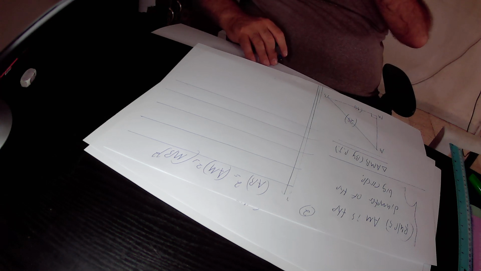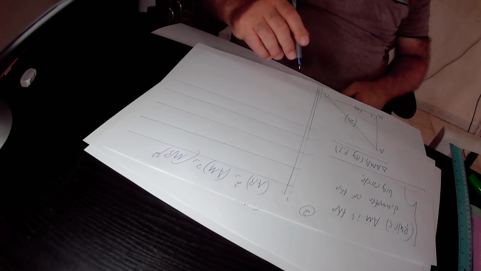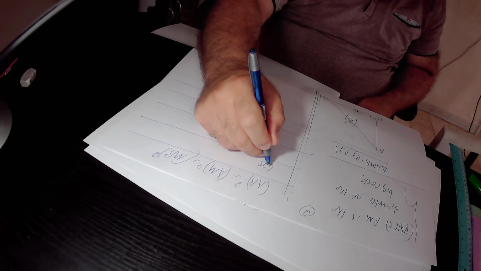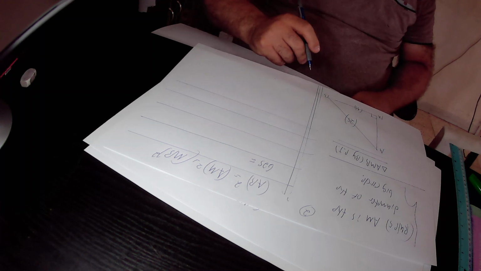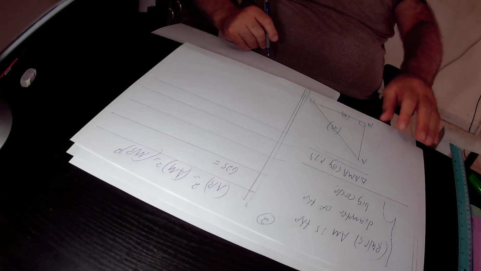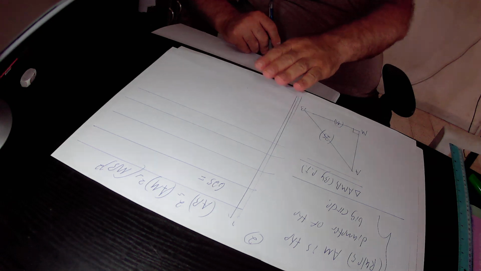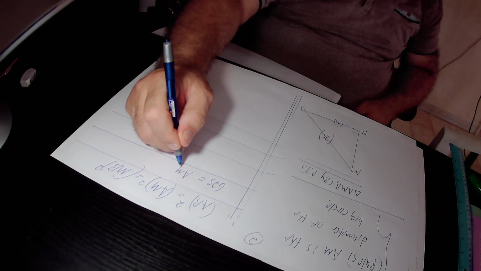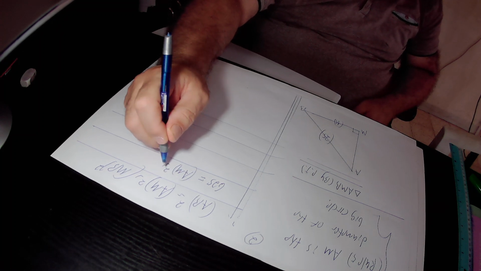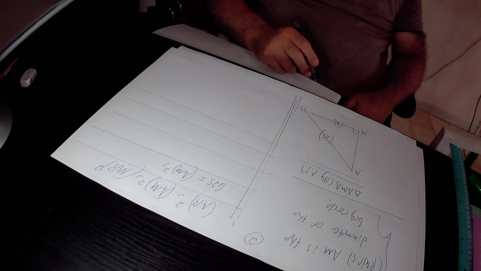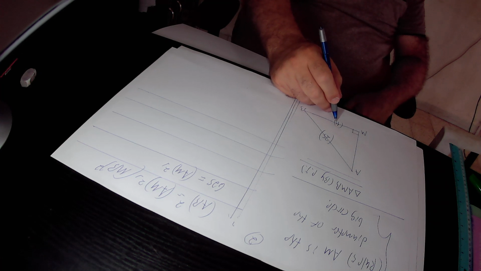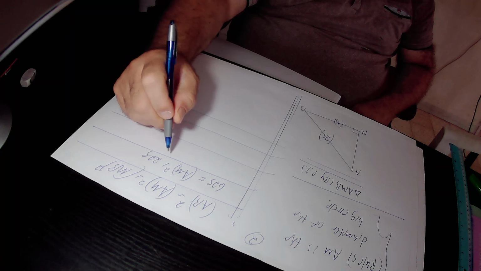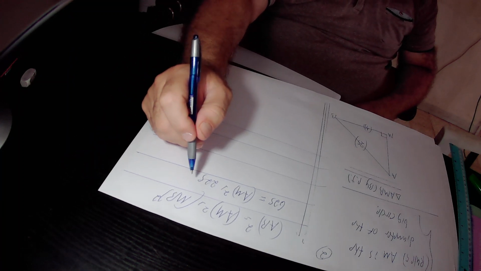AB is 25, therefore AB squared is 25 squared, that is 625, and it is equal to AM squared, where AM is the missing side, plus MB squared. MB is 15, therefore MB squared is 15 squared, that is 225. So in total we find that 625 equals AM squared plus 225.